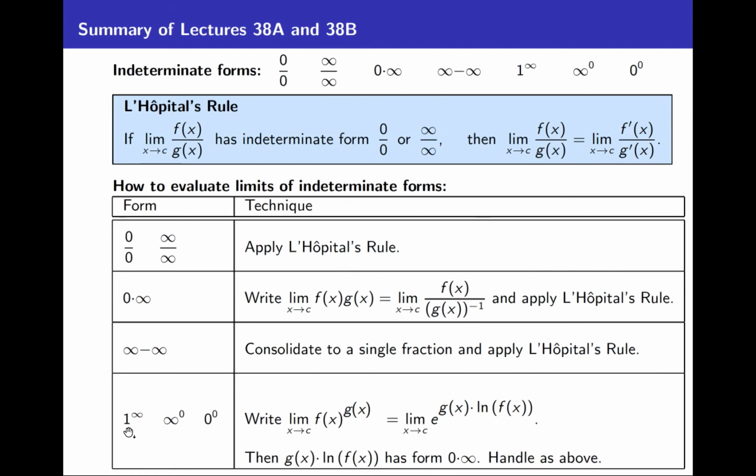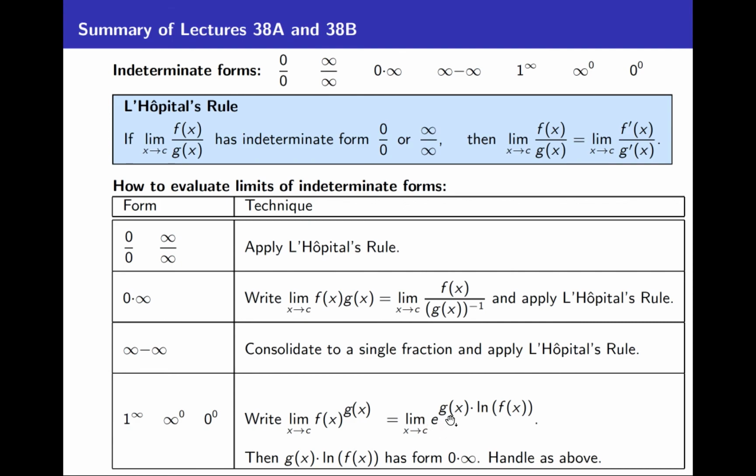And finally, for the remaining 3 indeterminate forms that have the powers, write the limit as x approaches c of f of x to the power of g of x in the equivalent form limit as x approaches c of e raised to the power of g of x times ln of f of x. And we saw in today's lecture that these 2 limits are equal.